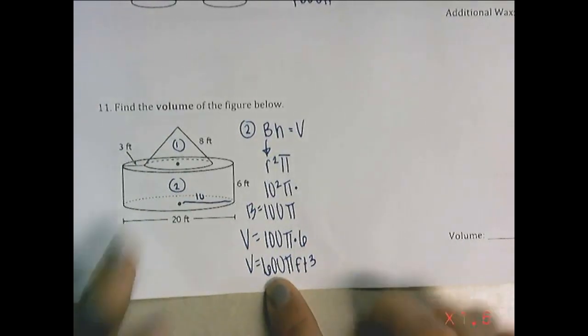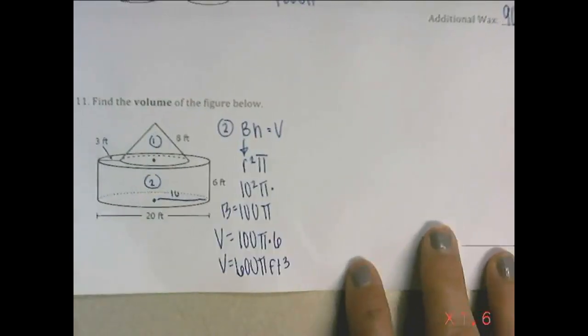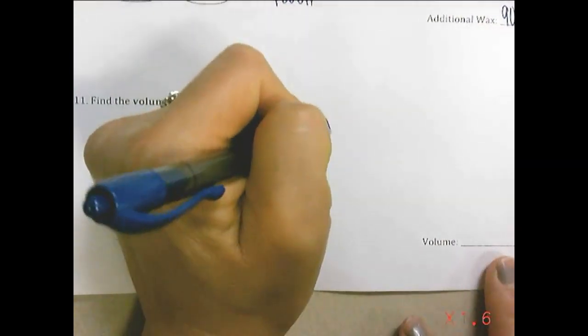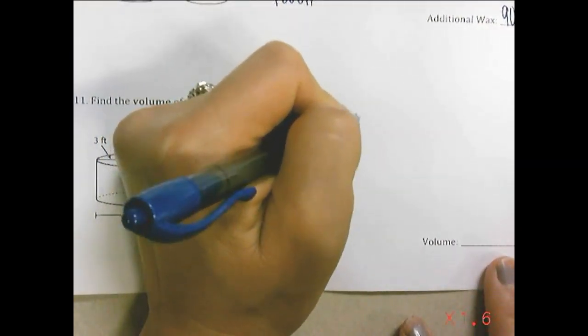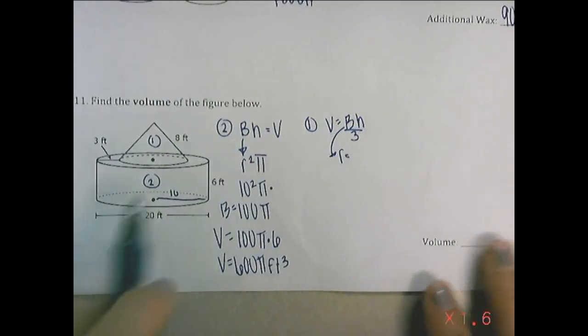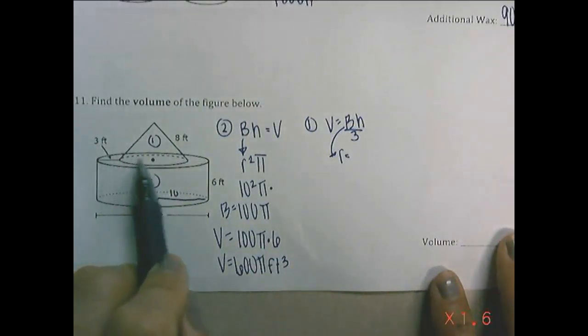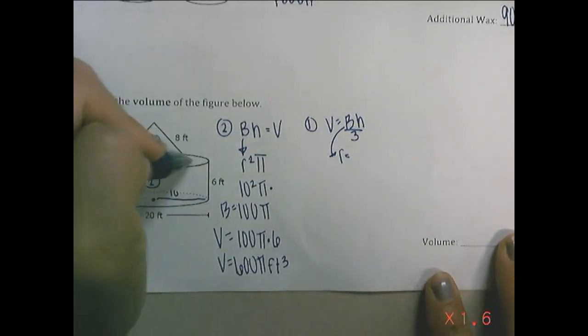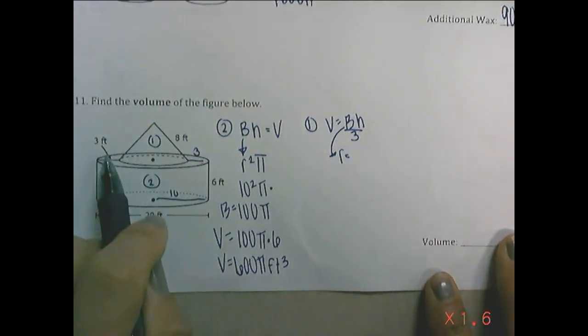All right, now I need to figure out the volume for number 1. The volume of a cone is equal to big B times your height divided by 3. In order to find big B, I need to figure out what my radius is, and I know that all the way across is 20. I know right here is 3 because this side is 3.